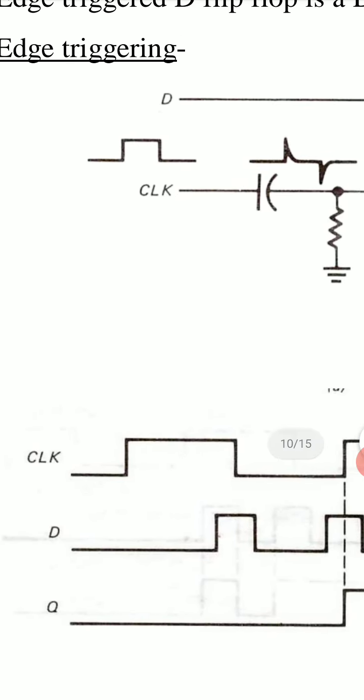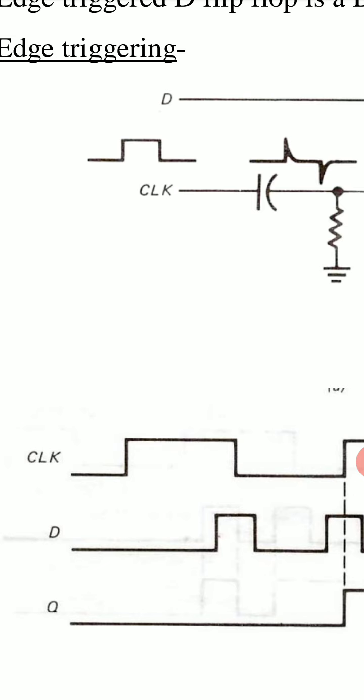When this clock goes high from low, we call this rising edge. When clock goes from 0 to 1, it is called rising edge of the clock. And when clock goes from 1 to 0, we call it falling edge of the clock.